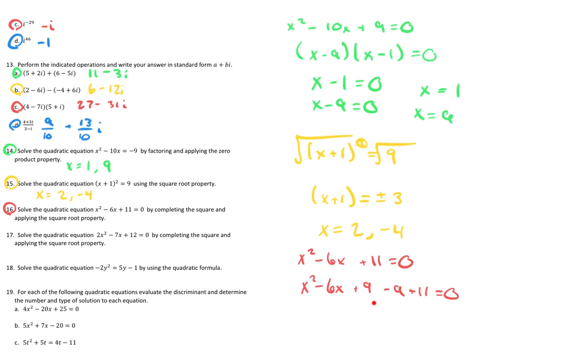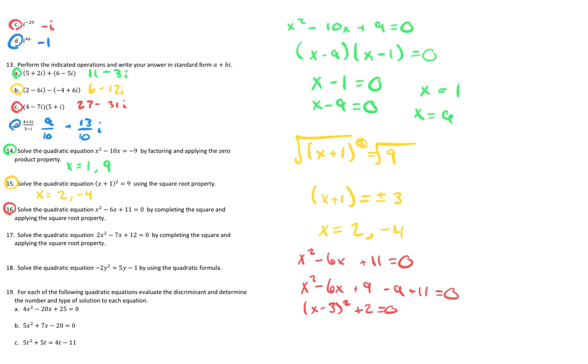It's still the same because it's just 0. And again, I got 9 from taking this negative 6, dividing it by 2, and then squaring it. So if we go from here, we know x squared minus 6x plus 9 is just going to be x minus 3 squared, and then plus 2 equals 0.